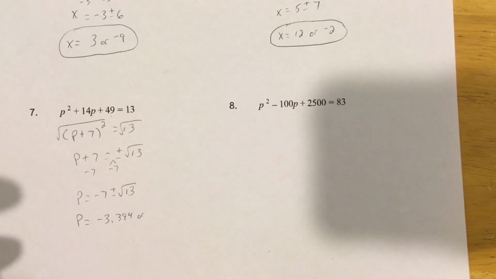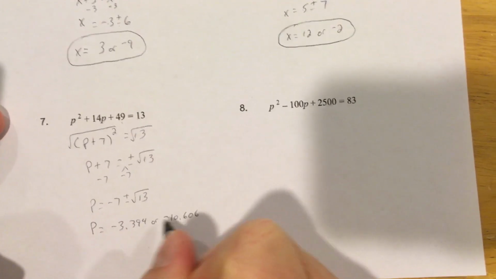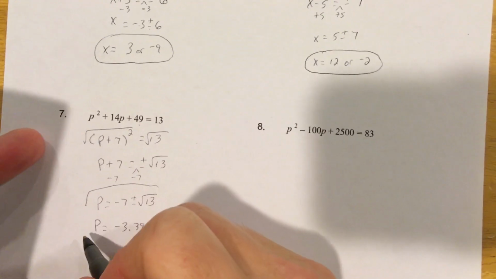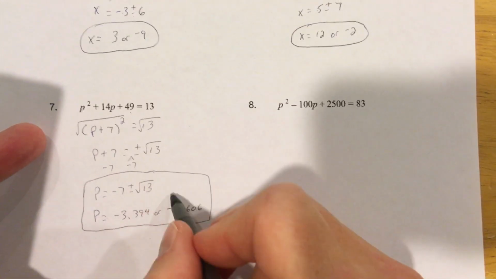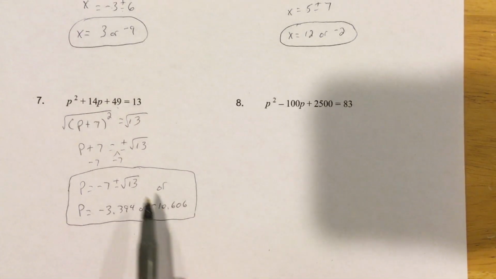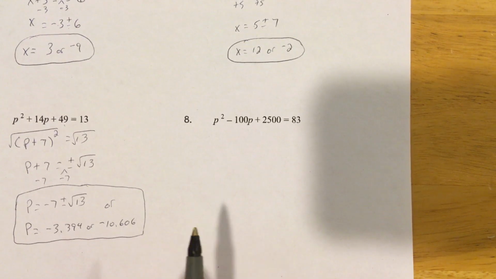And then you could do negative 7 minus the square root of 13 and get negative 10.606. Again, I think either of these are fine. But on a multiple choice, you might see that or you might see that. So I just want to be prepared for either one.